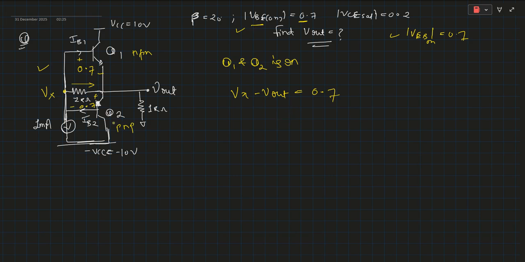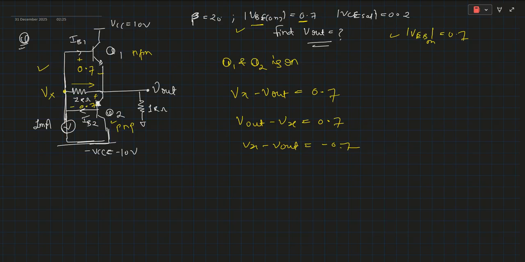And going through Q2, Vout minus Vx is equal to 0.7, meaning Vx minus Vout equals minus 0.7 volt.